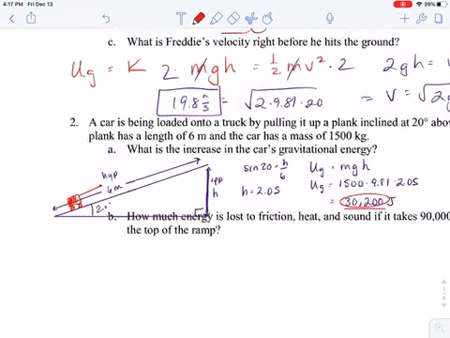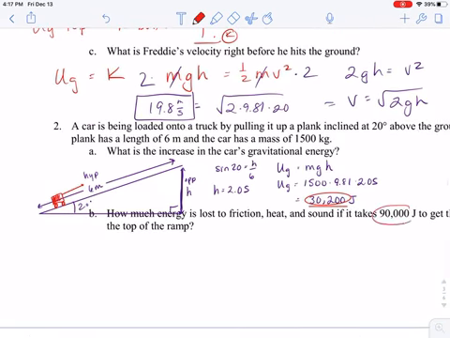But it turns out in this example, there is friction. In fact, there's so much friction, it doesn't take me 30,000, it takes me 90,000 joules. So that extra 60,000 joules is energy that is lost. It's not really lost, but it's transferred to friction, heat, and sound.